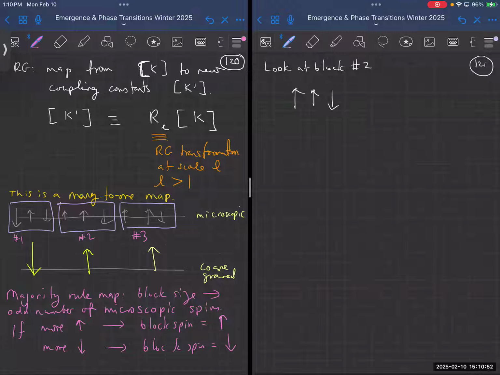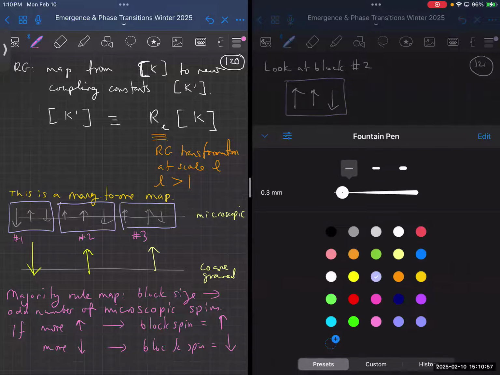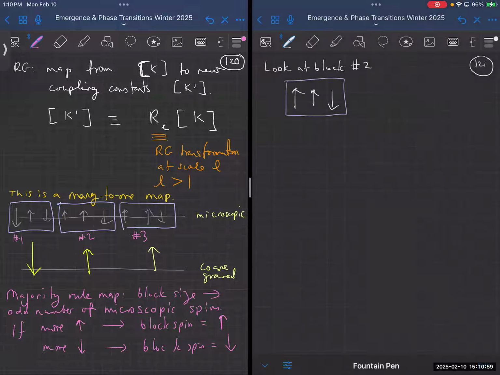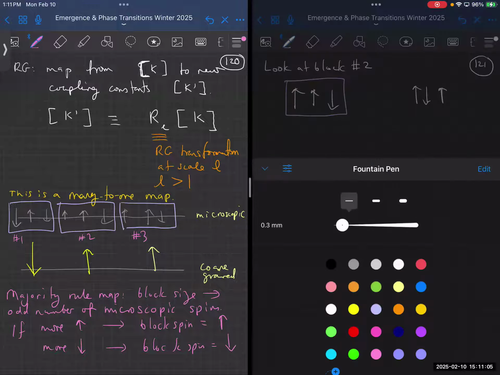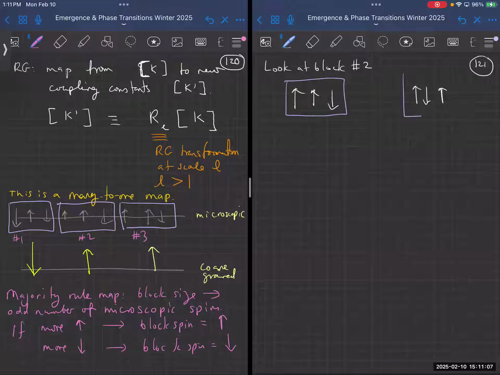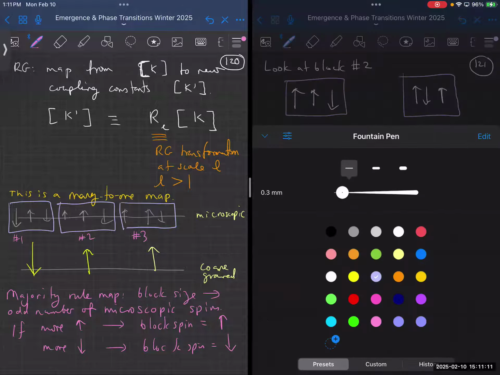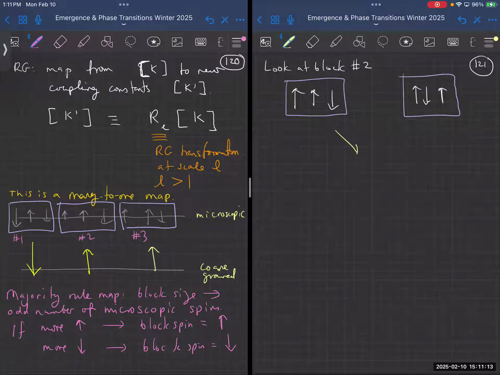But if, for example, I had this spin pointing up, this one pointing down, this one pointing down, both of these will give you the same picture for the block spin.